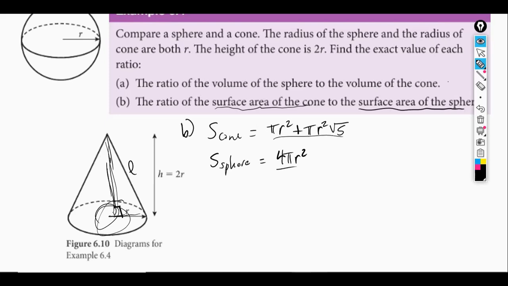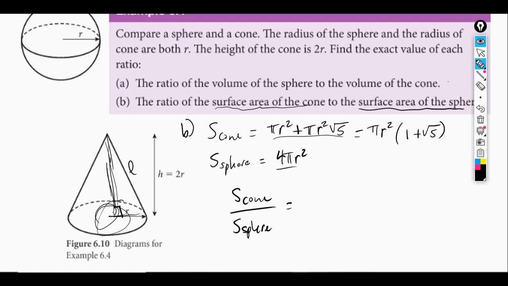We can do a little more simplification here. Notice that we have a common factor, which is pi r squared. And that times 1 plus square root of 5. So let's rewrite it as that. So then the ratio would be surface area of the cone over surface area of the sphere.